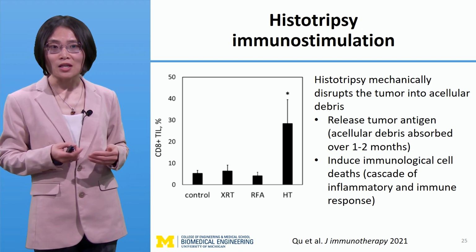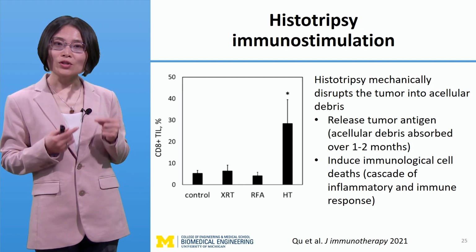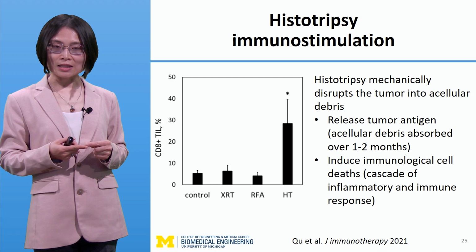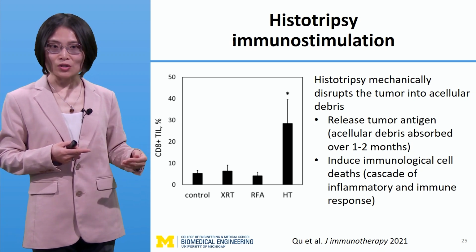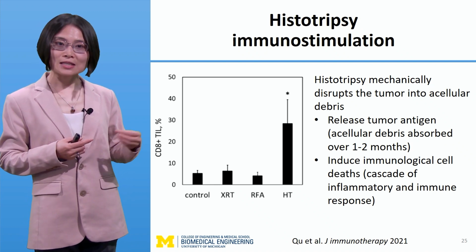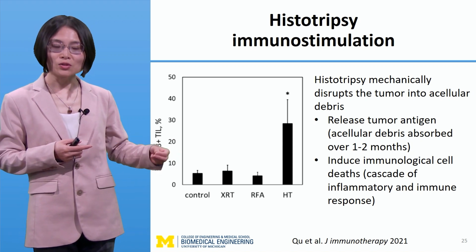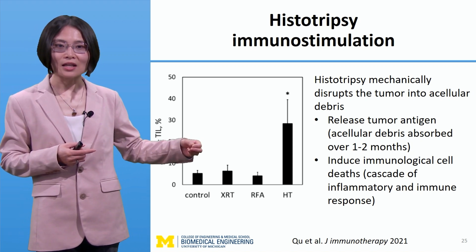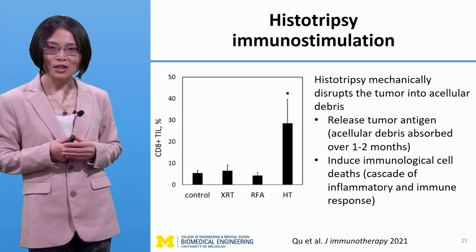Histotripsy mechanically disrupts the tumor cell membrane without using ionization or heating, and this allows the tumor antigen to be preserved. Releasing the functional tumor antigen is the first step of immunostimulation. Histotripsy also induces immunological cell death and a cascade of inflammatory and immune response effects later.